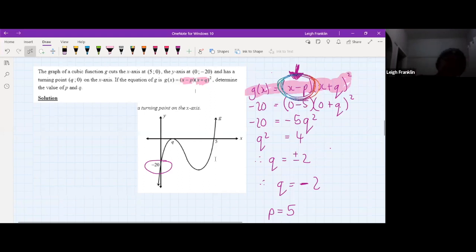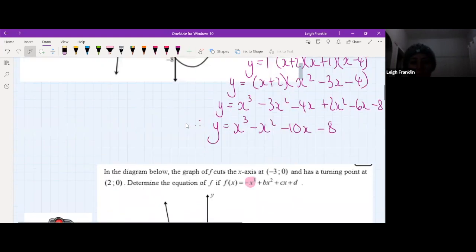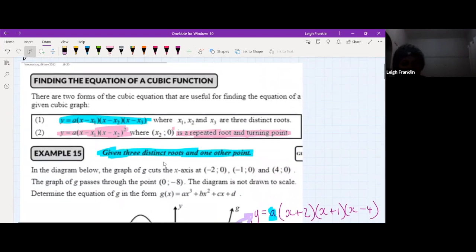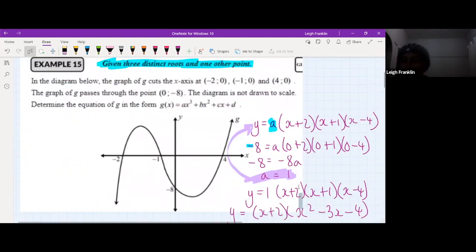As far as the x minus p is concerned, if you look up here, y equals a, x minus x1, x minus x2, x minus x3. Look what happened here with all these signs. That is negative 2, but when I subbed it in here, it was plus 2. This was minus 1, but when I subbed it in here, it was plus 1.